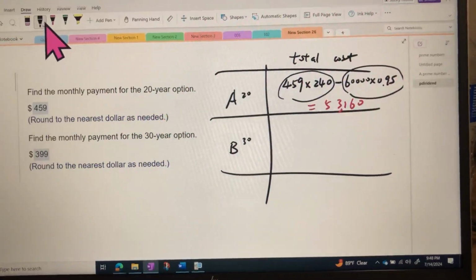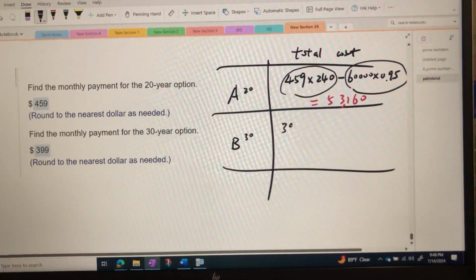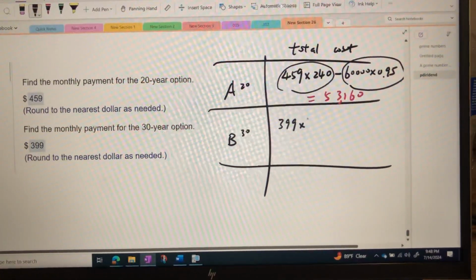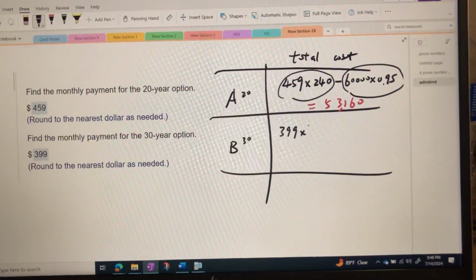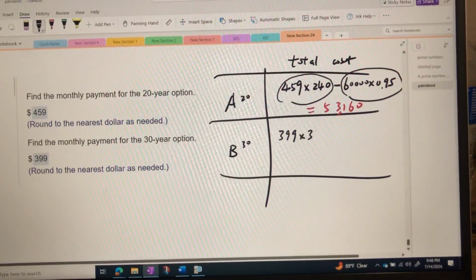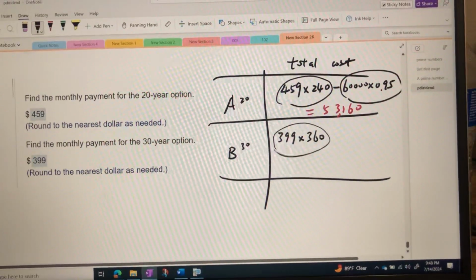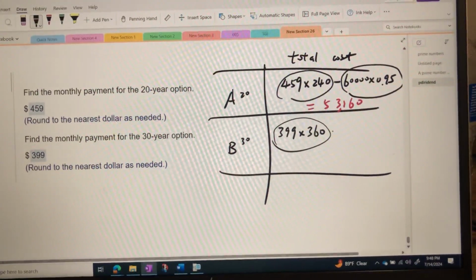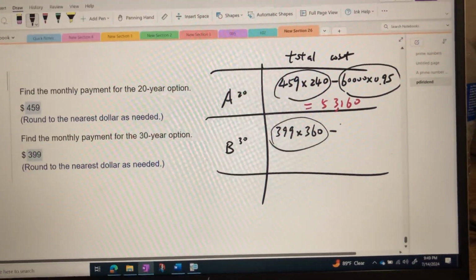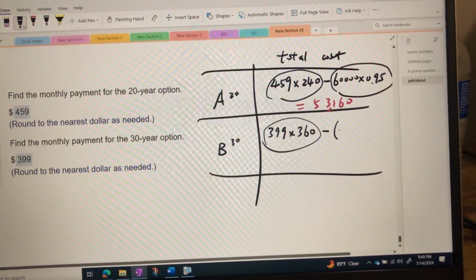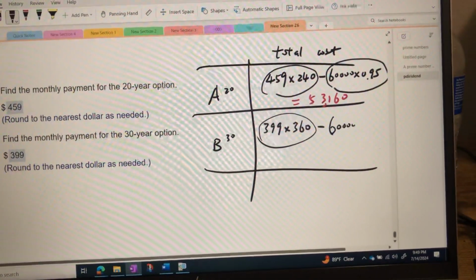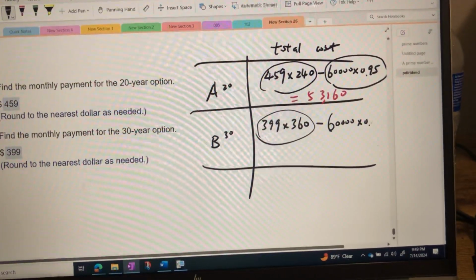Let's now do the 30-year. Every month you pay $399 for how many payments? 12 times a year for 30 years, that is 360 payments. That's the money you pay back the bank. Of course, the bank requires you to pay more than you borrow, right? You borrow 60 grand times 0.95.